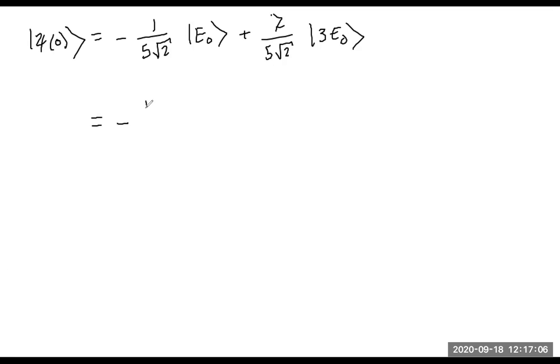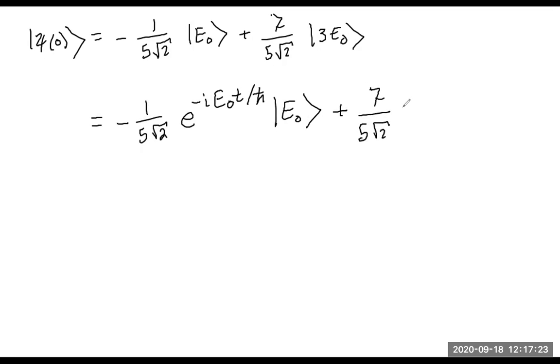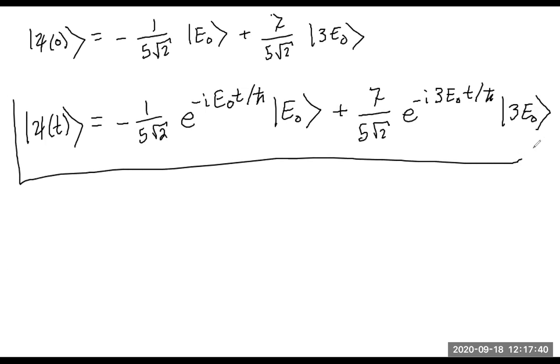So this becomes minus 1 over 5 square root of 2 e to the minus i E naught t over h bar, E naught, plus 7 over 5 square root of 2 e to the minus i 3 E naught t over h bar, 3 E naught. This is psi of t. So this is the time dependent state.